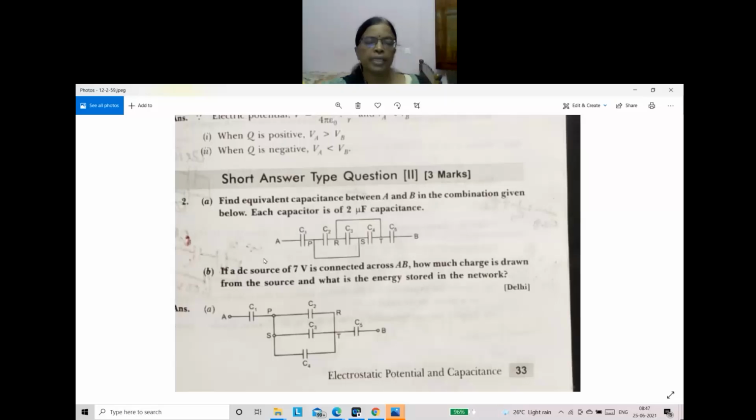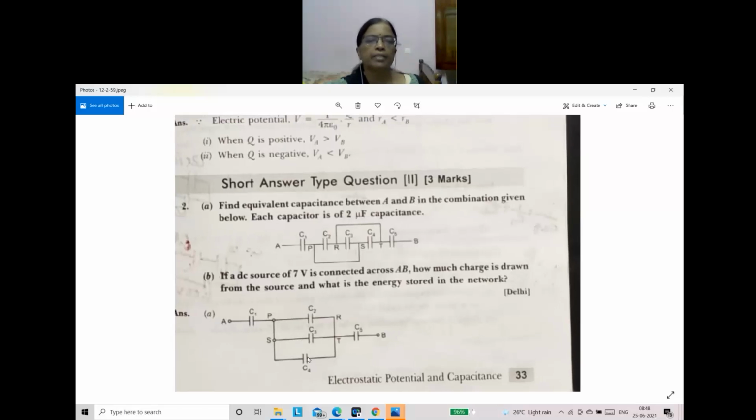So, first of all, you have to find these three in parallel. Then, suppose we get C2, 3, 4, one capacitance. Then C1, C2, 3, 4 and C5 are in series.